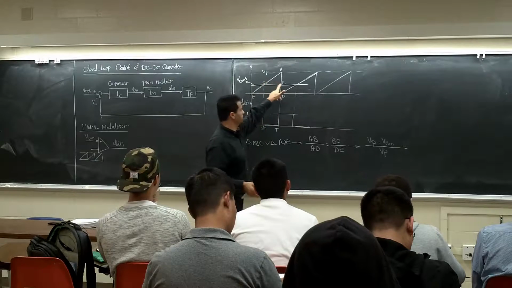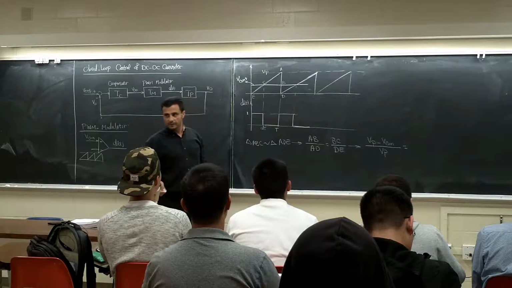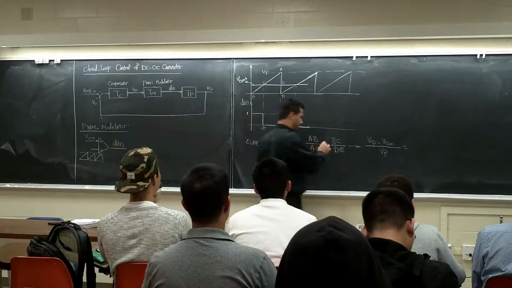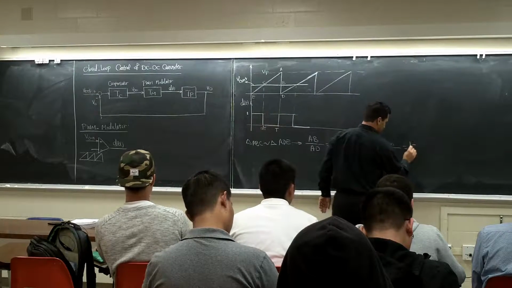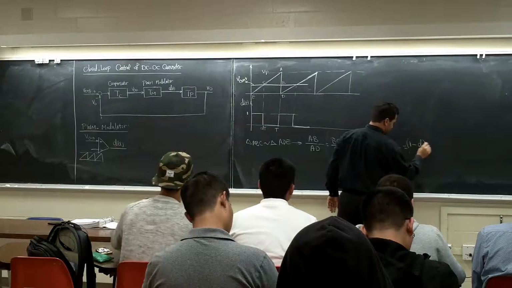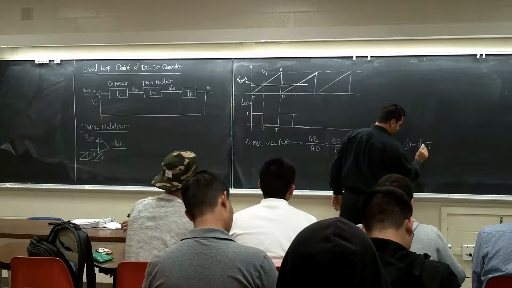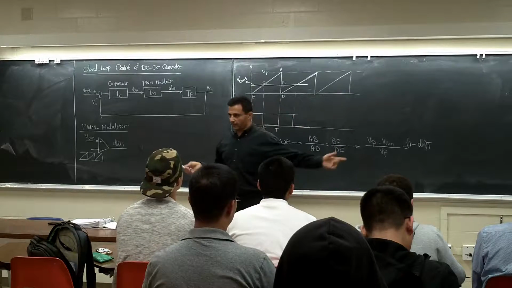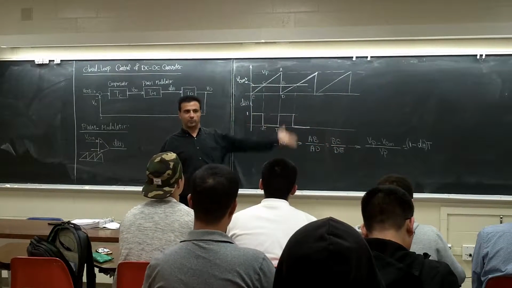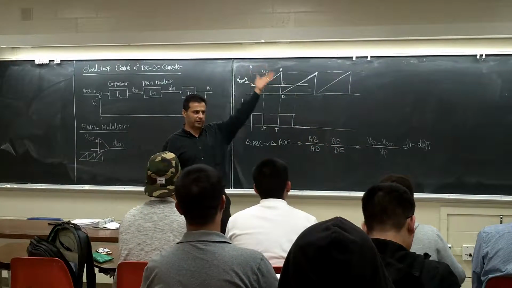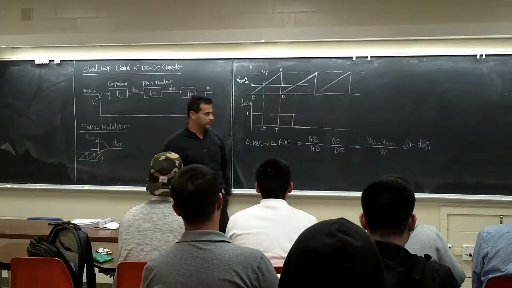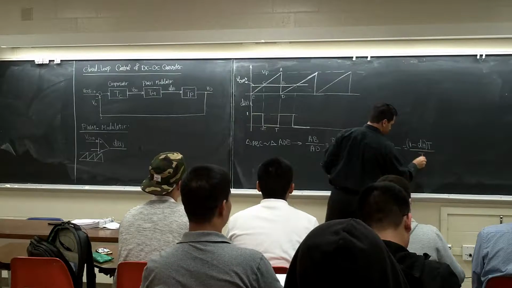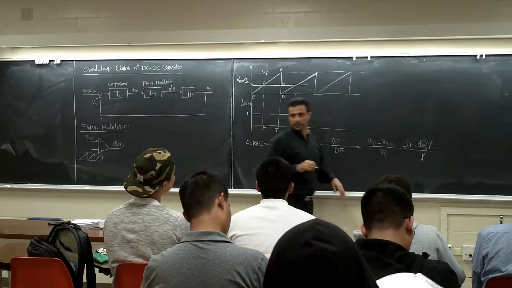How much is the BC? 1 minus DT, right? So this one is a 1 minus DT. I call this one DT because if you change it, it's going to change, right? It's not a fixed value, based on the control system, how much it is calculating, it's going to change. So how much is the DE? T. Let's get rid of these two, right?